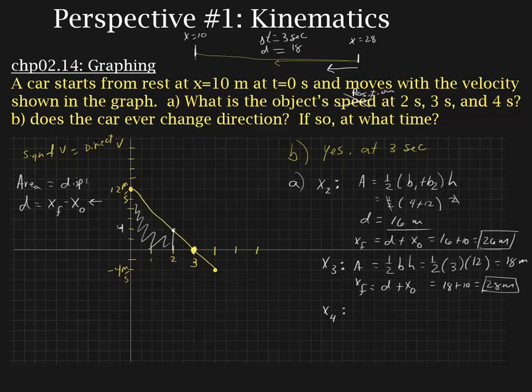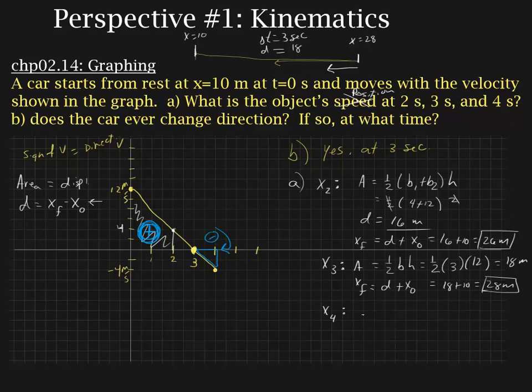Now there's a couple of ways of calculating the total area. Keep in mind that the area on the left side is positive, because it's above the x-axis, and the area here is going to be negative. So the area from 3 to 4 seconds will be subtracted from the area from 0 to 3 seconds.